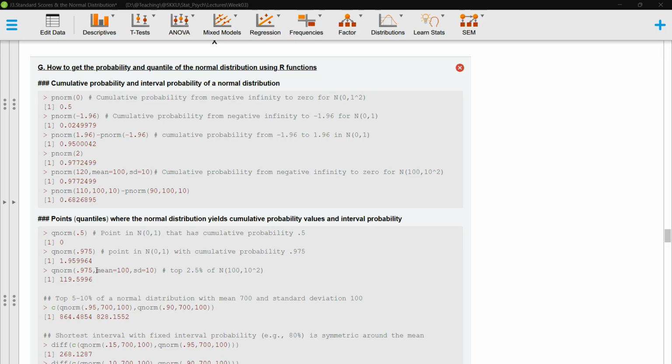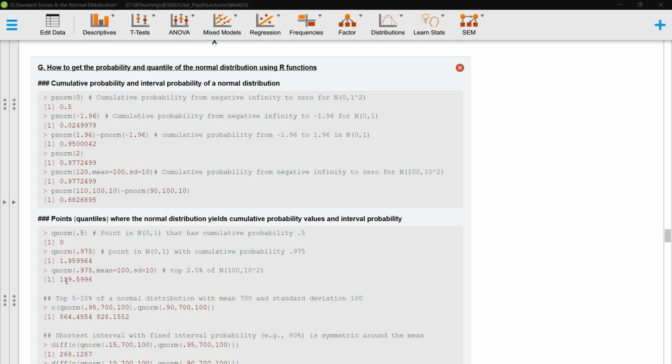And for the normal distribution with a mean of 100 and standard deviation of 10, where is the point, the score, the value for the cumulative probability of 0.975 from negative infinity to that point? That point is approximately about 120 because we have a standard deviation of 10. So 2 standard deviations above the mean will give us approximately that amount of the probability, right?